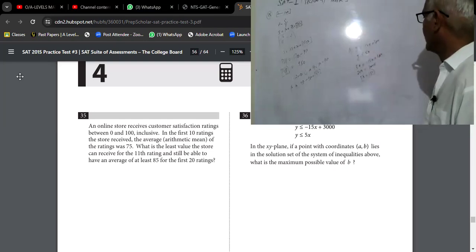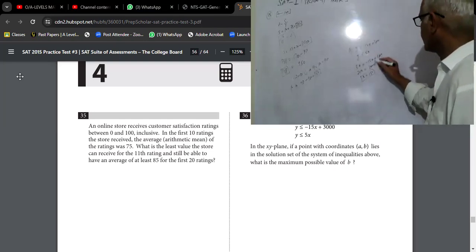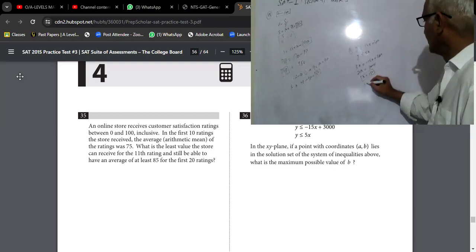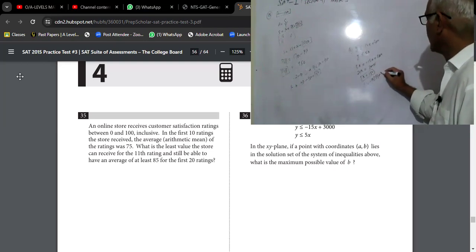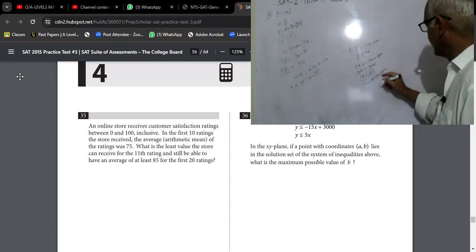Now you put in the value of this, y is equal to minus 15 into 150 plus 3000.